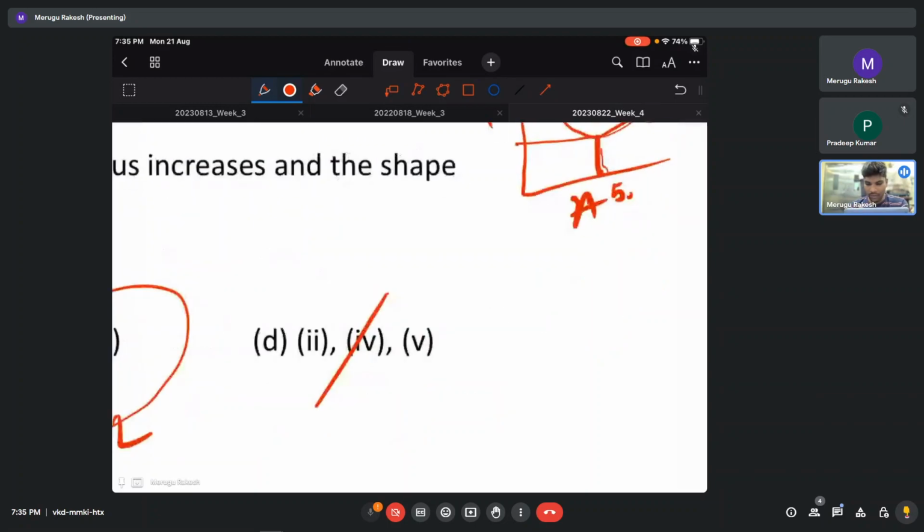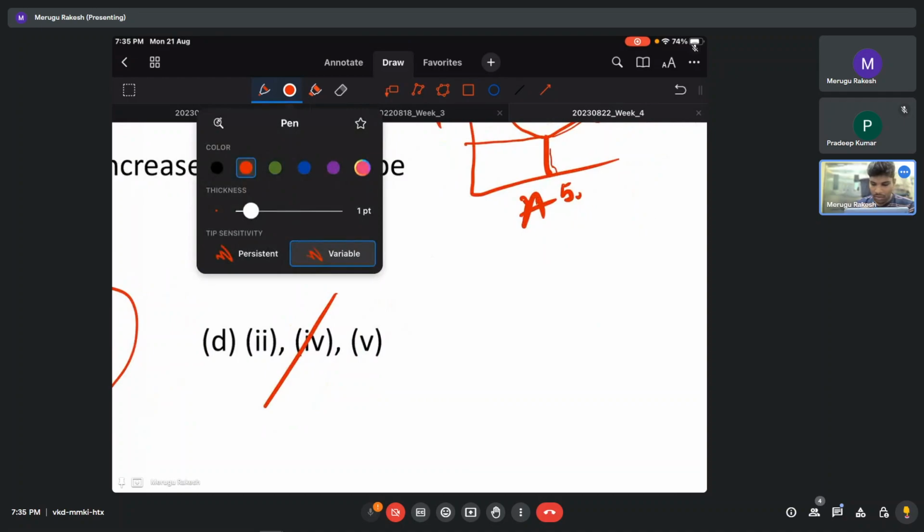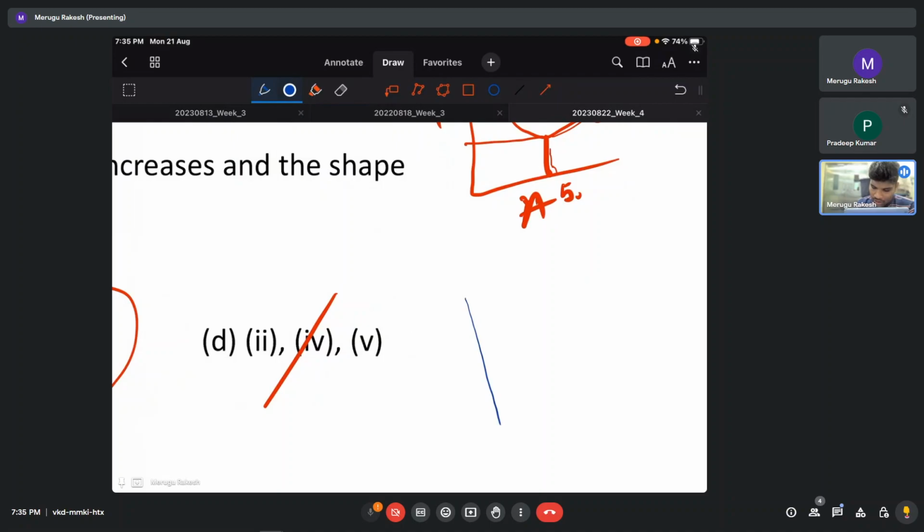If you want more clarification, below 50 amps the shape of the arc is cylindrical, and the radius is going to increase. So the radius is increasing, which means the surface to volume ratio is decreasing, which means heat dissipation is decreasing.